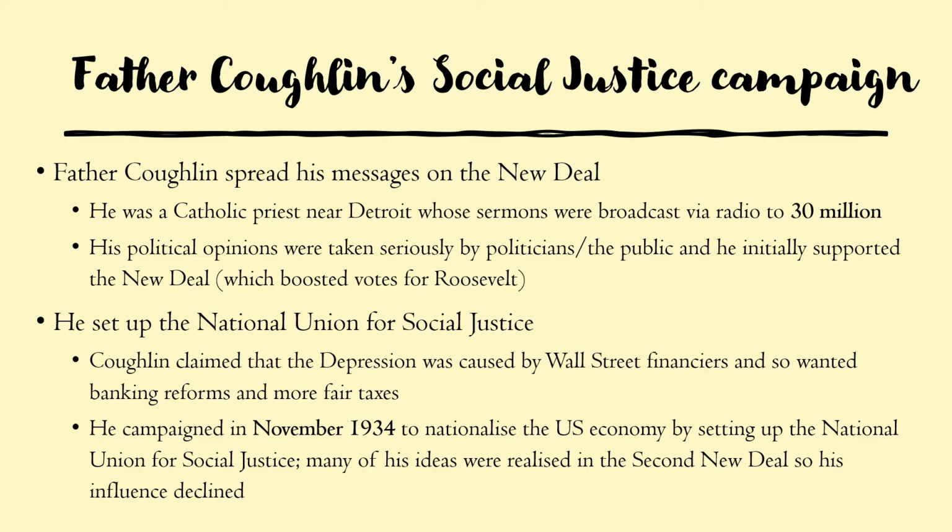He campaigned in November 1934 to nationalise the US economy by setting up the National Union for Social Justice. However, many of his ideas, like banking reforms and fairer taxation, were realised in the Second New Deal, and therefore what he campaigned for had happened, and so his influence declined after the Second New Deal.